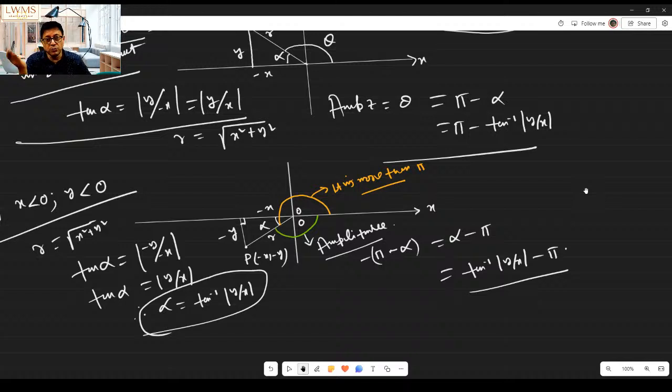Try to prove for the fourth quadrant how it is minus tan inverse y by x. Then I will tell you the steps. That will help you a lot to remember all these things in a frame. You just try to get the amplitude when the complex number lies in the fourth quadrant.